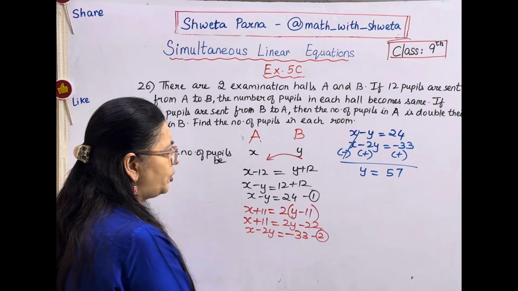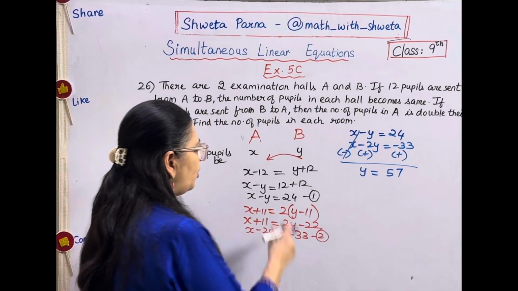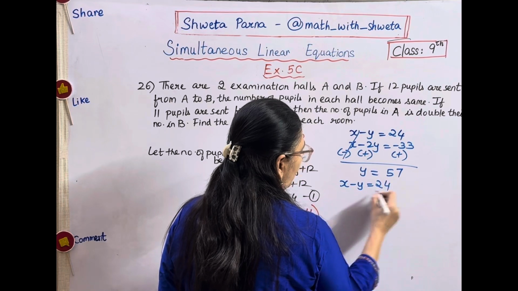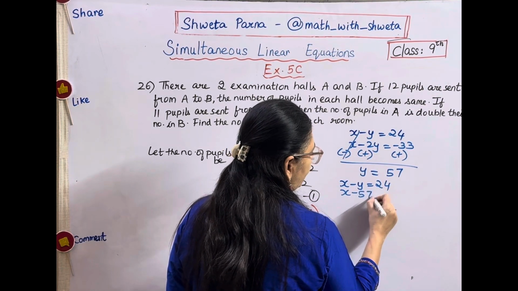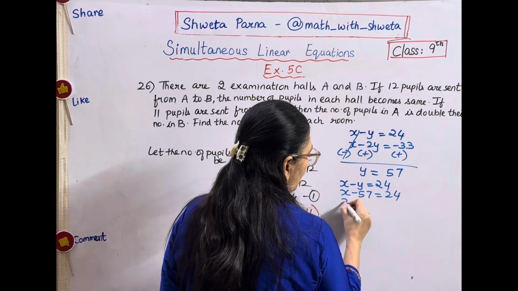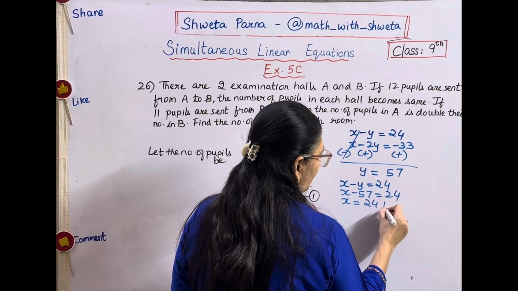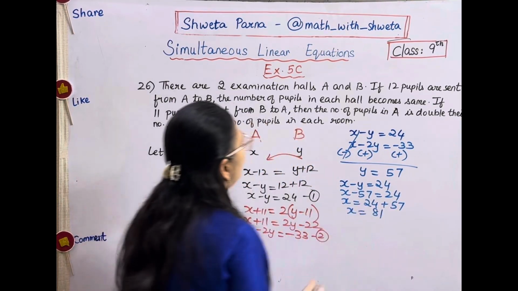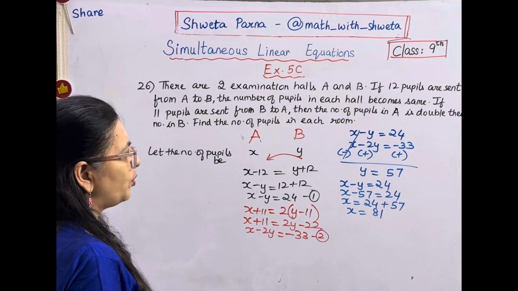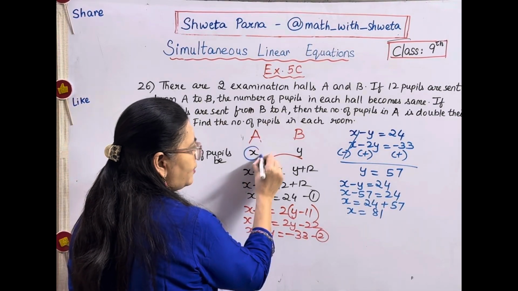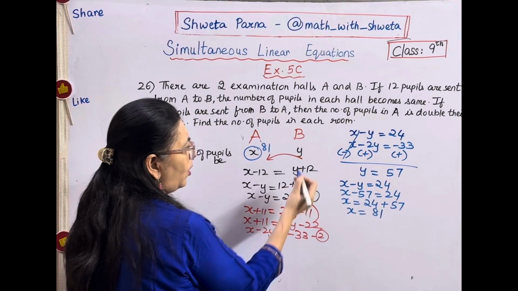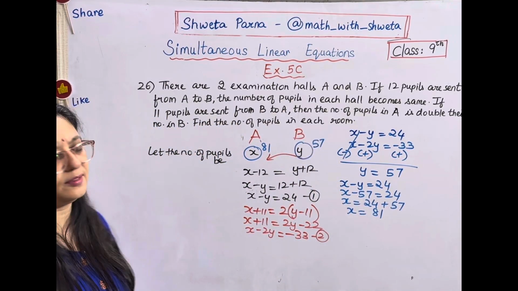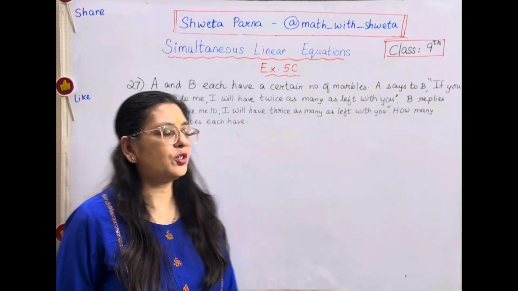Now substitute in any equation to get the value of X. So X minus Y is equal to 24. X minus 57 is equal to 24. So X is equal to 24 plus 57, which is 81. You have to find the number of pupils in each hall. So X is 81 in A hall and in B it is 57. That's your answer.